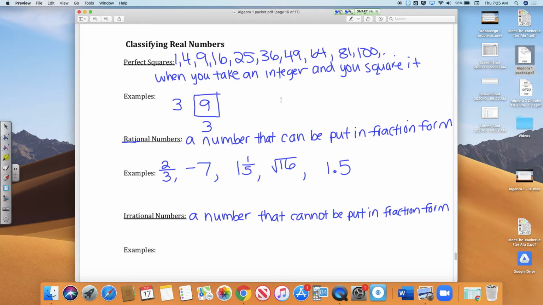So the way that you can tell a number can't be put in fraction form is by seeing that the decimals are crazy. The decimals in a number that can't be put into a fraction go on forever.